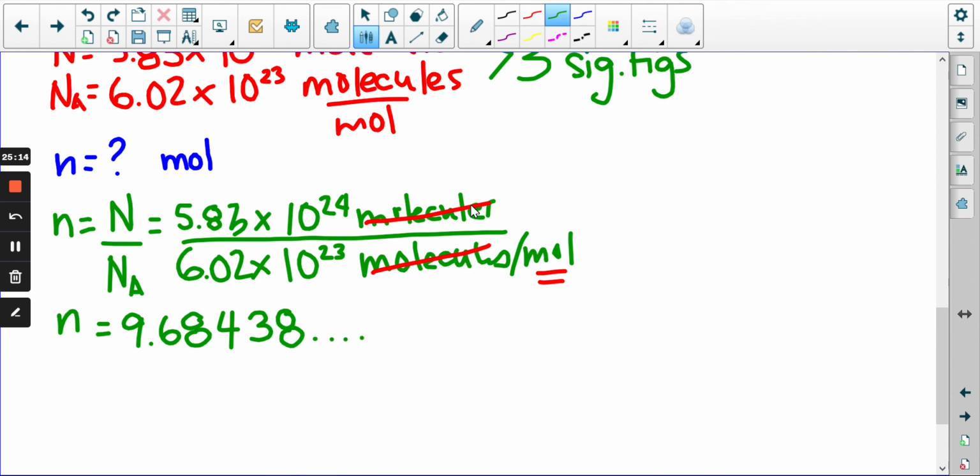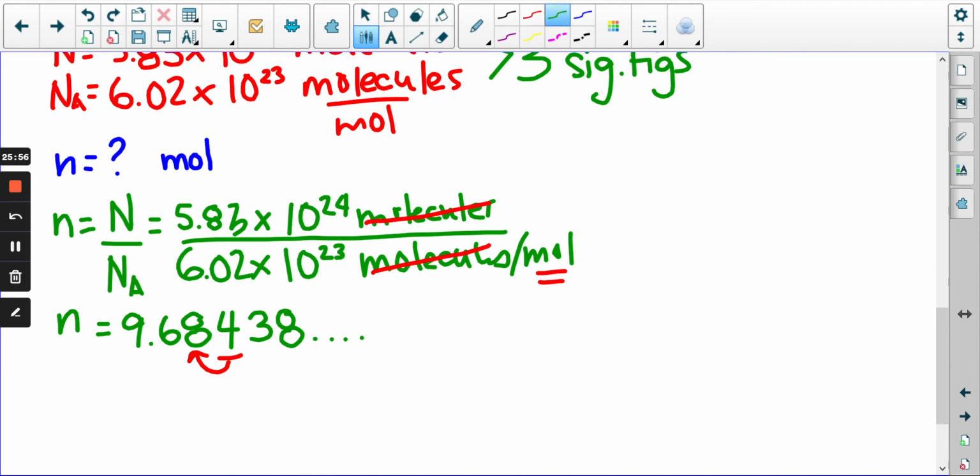Now, thinking about this again, I want to make sure I'm representing the correct number of significant figures because, as we spoke about before, there is an uncertainty involved with these measurements. I've only got 3 significant figures up here. So just like we talked about in that lesson, in my final answer I need to have only 3 significant figures. So I look over here and see 9.68. I know those are significant. I'm going to have to round this one down to make sure I'm only including 3 significant figures.